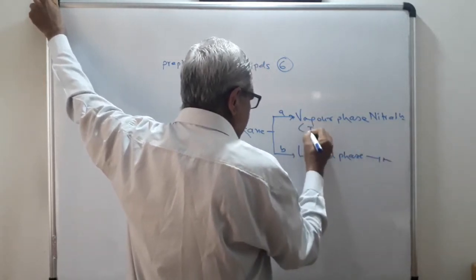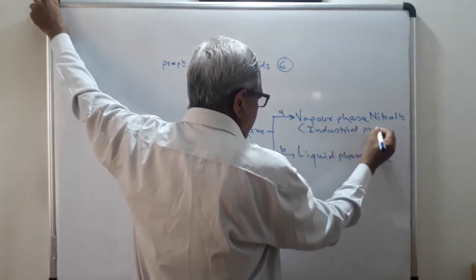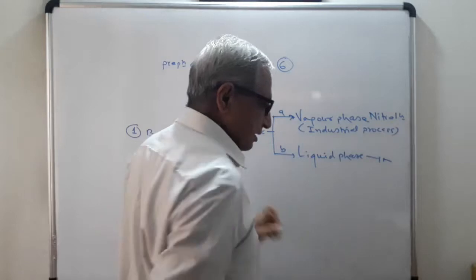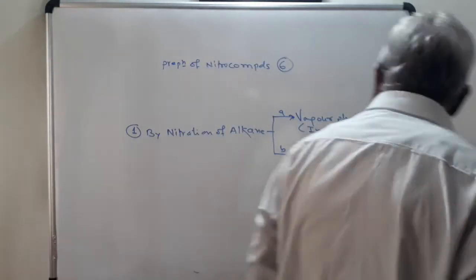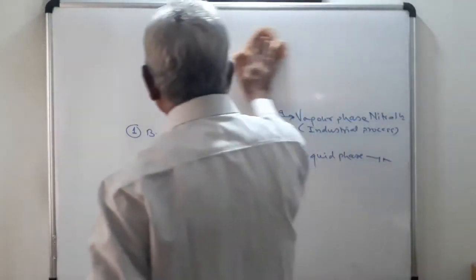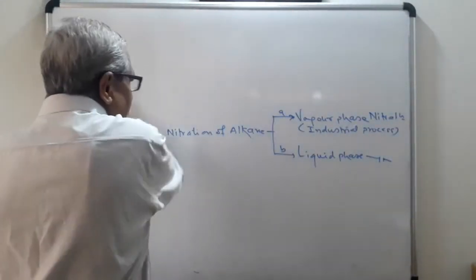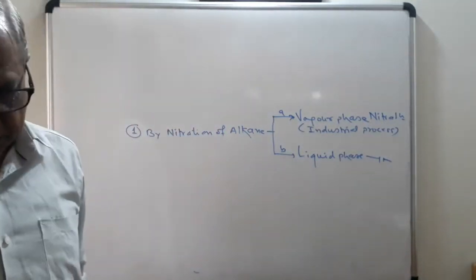Vapor phase nitration is the industrial process because it is carried out in the vapor phase and nitration is possible on a large scale. So first I will explain the A part, that is the vapor phase nitration.